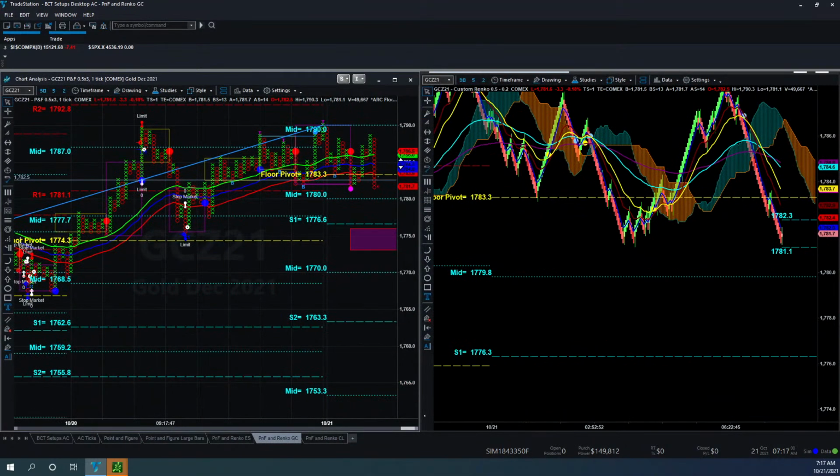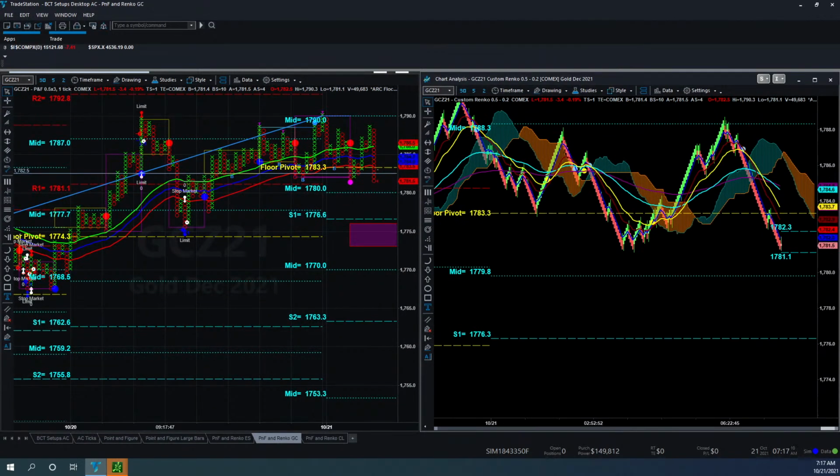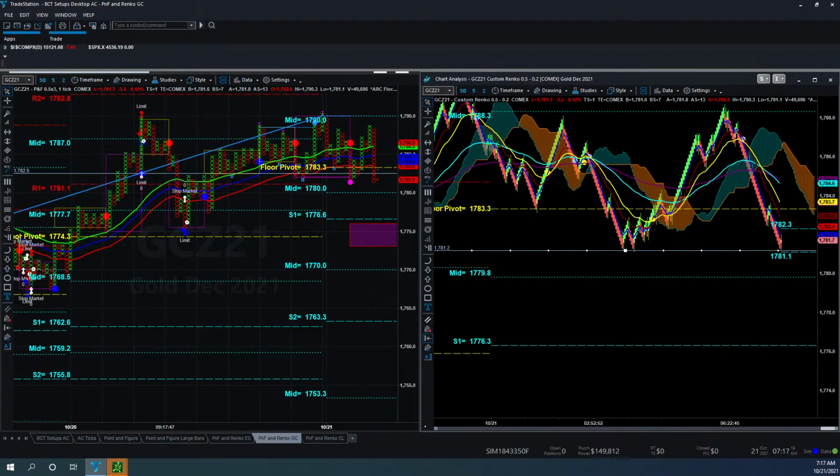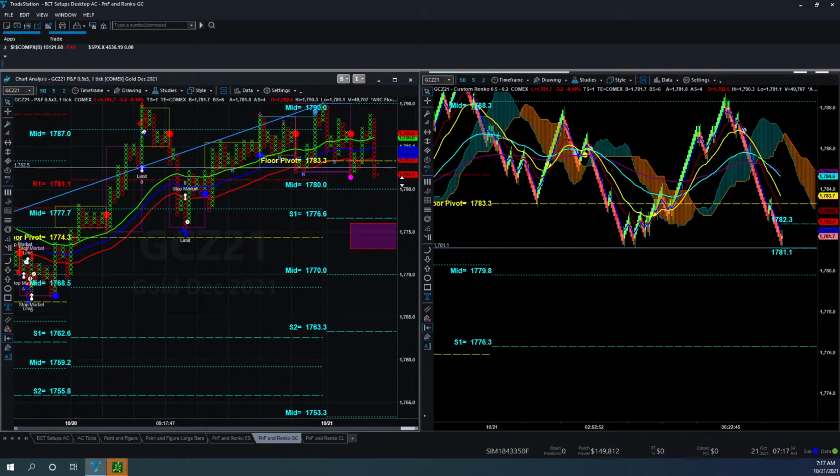So let's see. It's breaking below. And then the Renko chart, it's breaking below as well. There's news here, so little bit of support, threading that support right there. So not breaking yet.